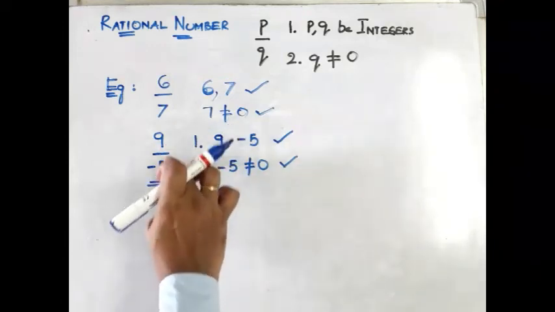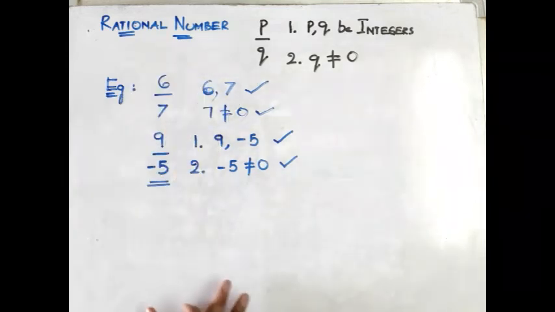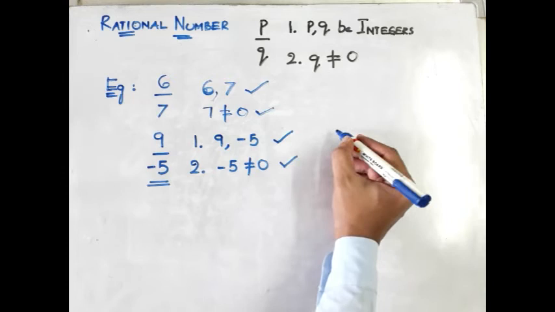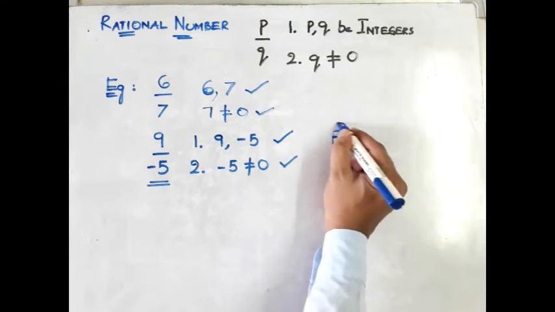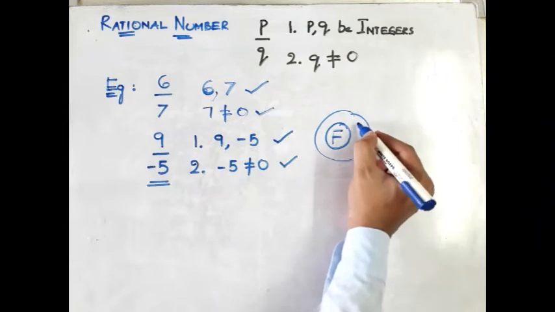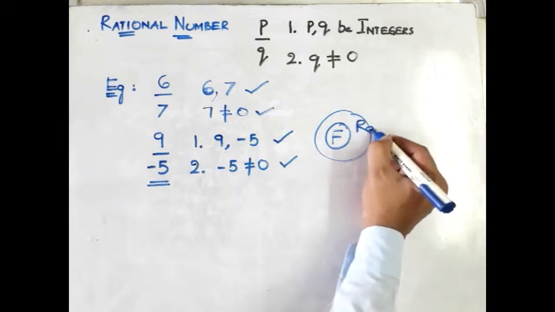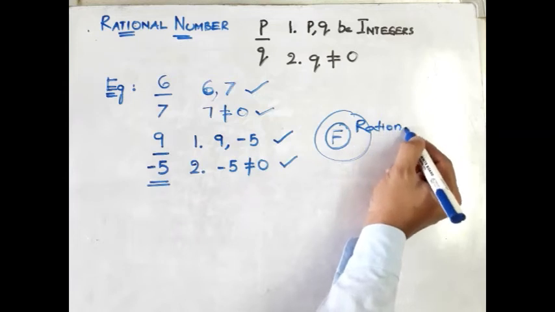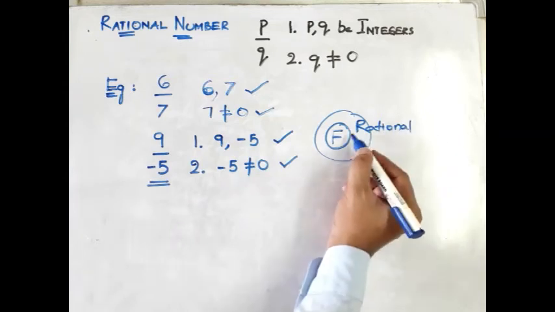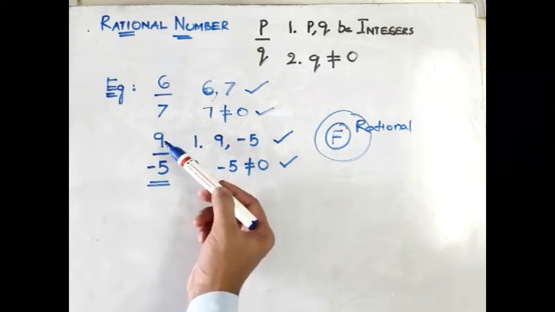Hence, 9 by minus 5 can be called only a rational number but not a fraction. Through this, what you have to understand is that all fractions are rational numbers, but all rational numbers are not fractions. Please be clear about this. That is the exact difference.